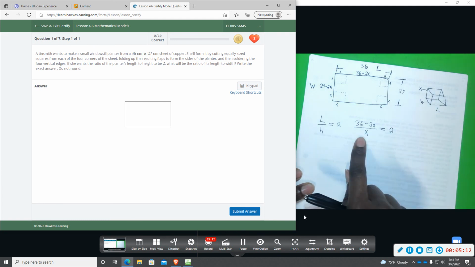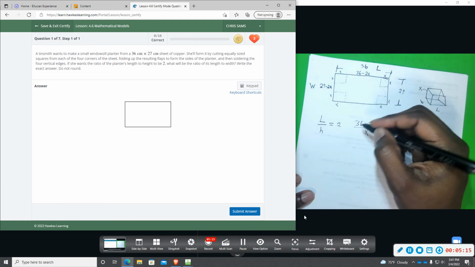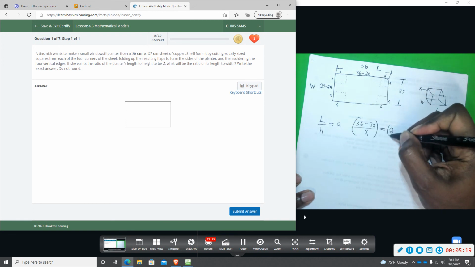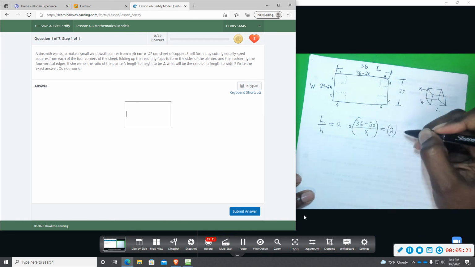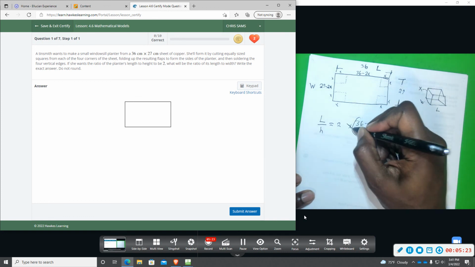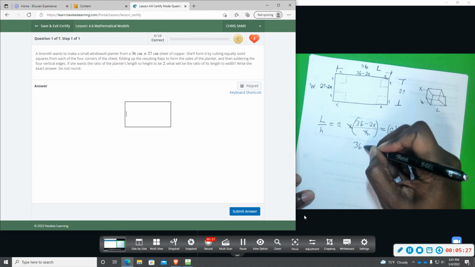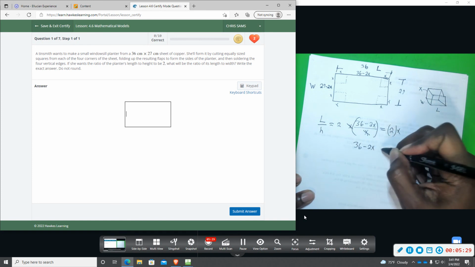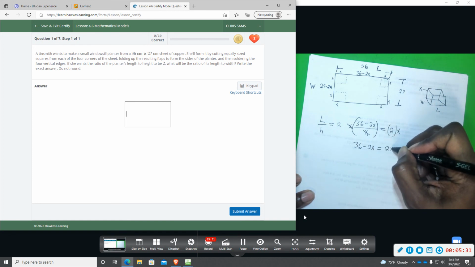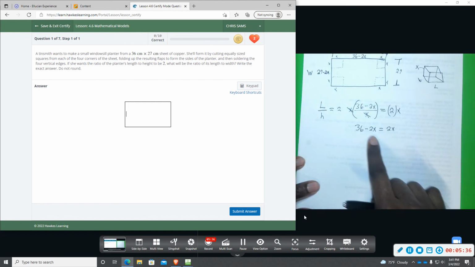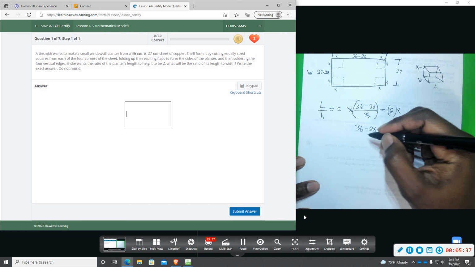All right, so we're going to solve for x. We're going to start here. We're going to multiply both sides by x to get rid of the fraction. So x is going to divide out x. That's going to leave us with 36 minus 2x equals 2x. Then from there, we're going to add the 2x and move it to the other side.